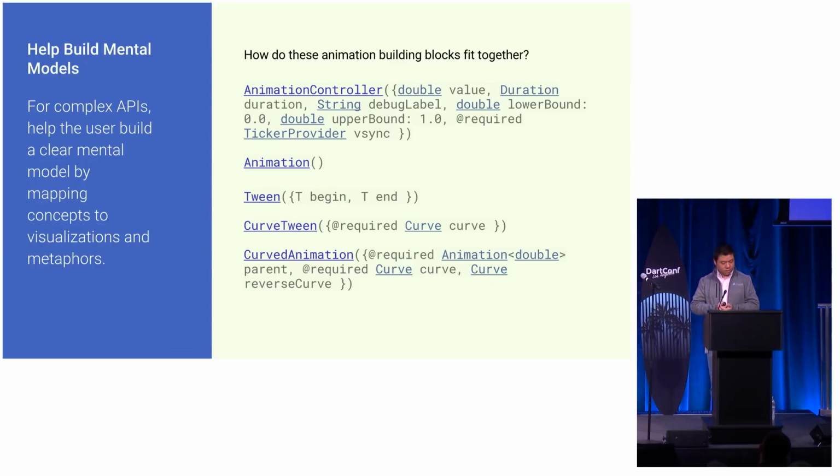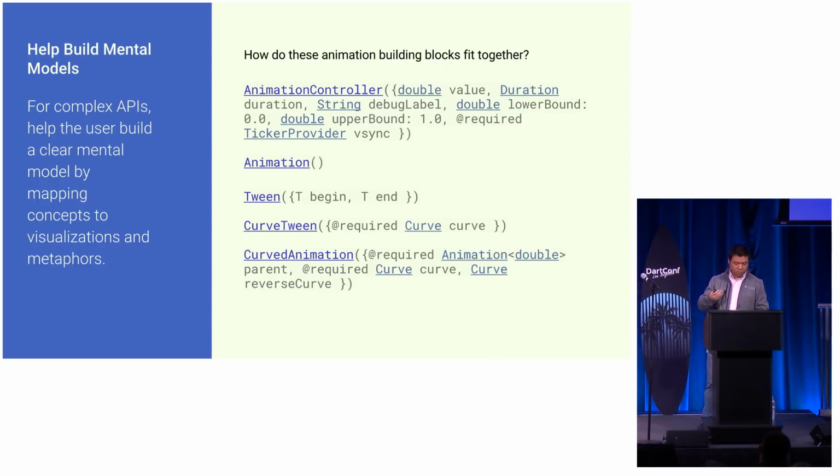The second lesson is that as API designers, we should help users build a clear mental model when they're dealing with complex APIs. So in a recent UX study we observed that participants had trouble understanding how different building blocks in Flutter animations were related to one another. You can see that you have to really digest these concepts.